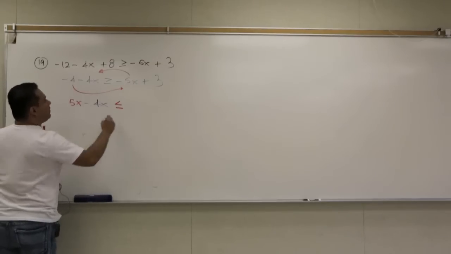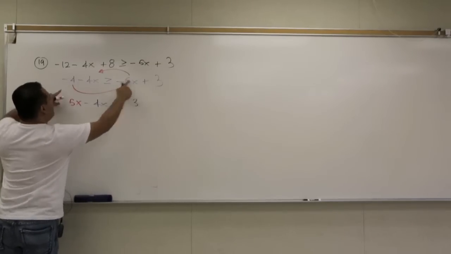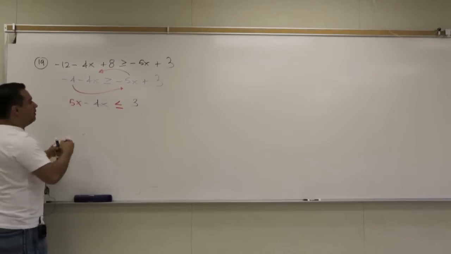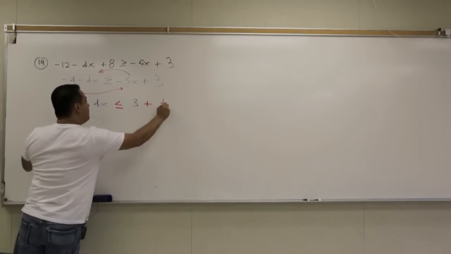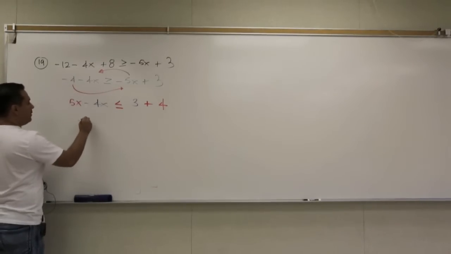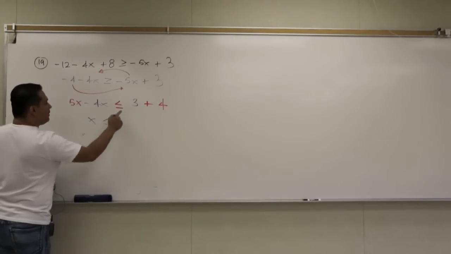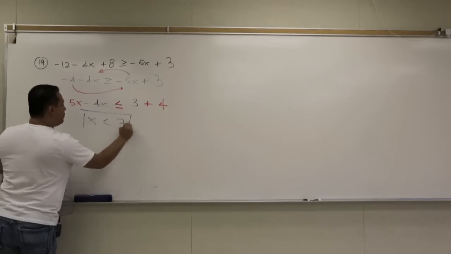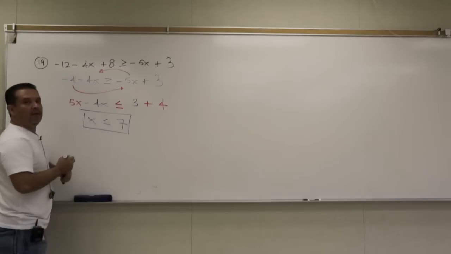And then what do you have here? This is 3. We didn't move the 3. We moved the negative 4. So it's now positive 4. So what's 5x minus 4x? X, less than or equal to, what's 3 plus 4? 7. Here's our solution.